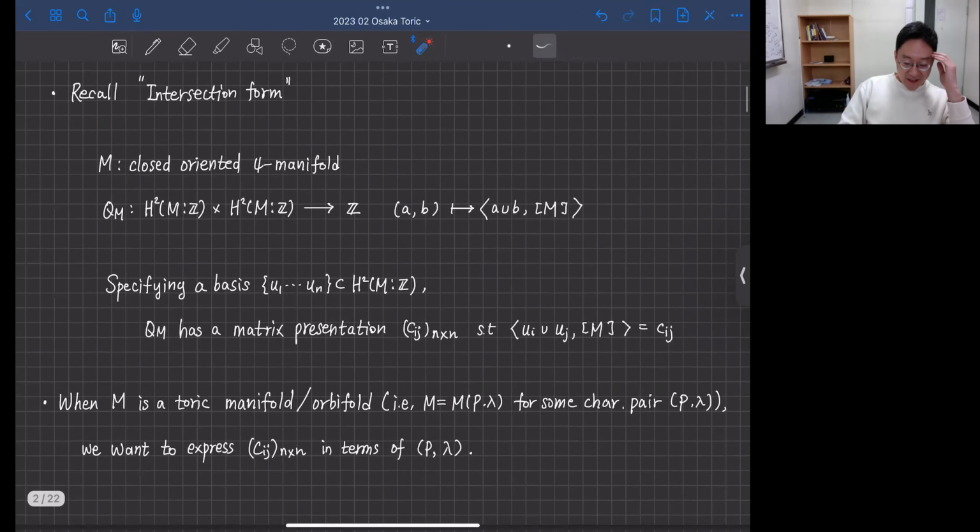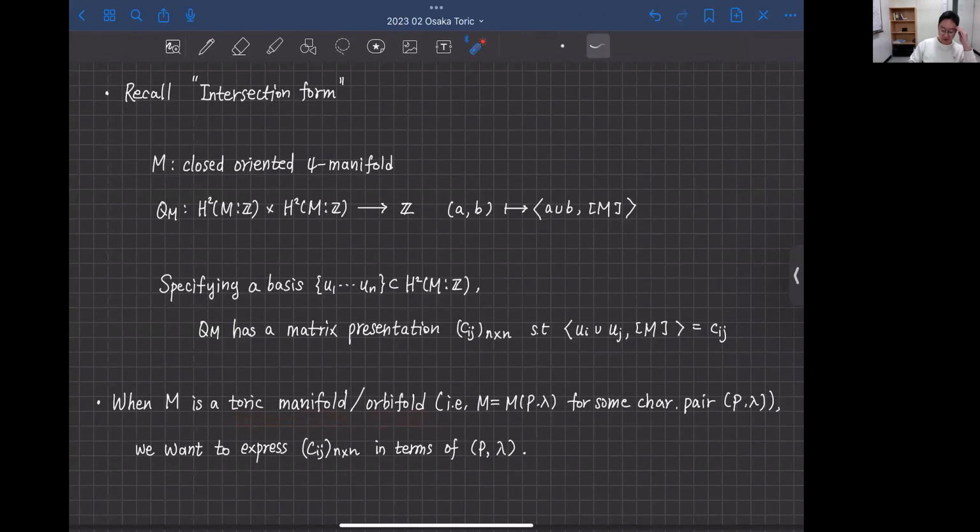So I want to look at the case where my M is a toric manifold or toric orbifold. In other words, M can be defined by some characteristic data, which we call the characteristic pair, P and lambda. For those of you who are not familiar with this characteristic pair, I will come to this definition in a minute.